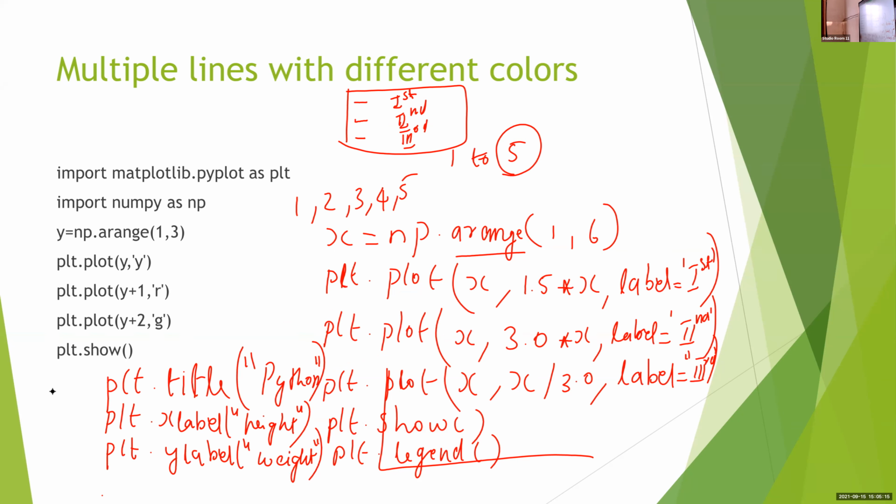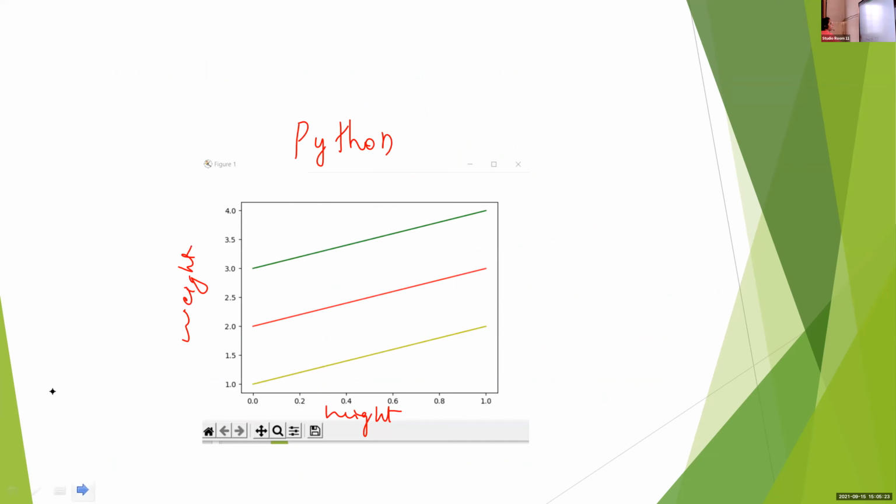Okay, so plt.title is the title, plt.xlabel is the x label, plt.ylabel is the y label.